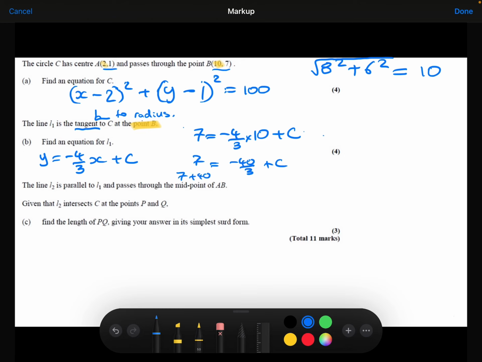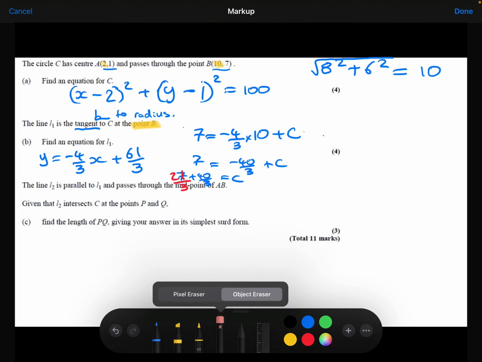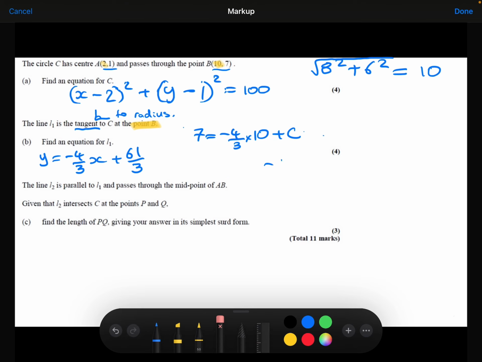Add the 40 over 3 to both sides to work out what c is. I'm going to get a common denominator here, so let's call that 21 over 3. And I find that c is 61 over 3. And that's the equation of my tangent at point B.